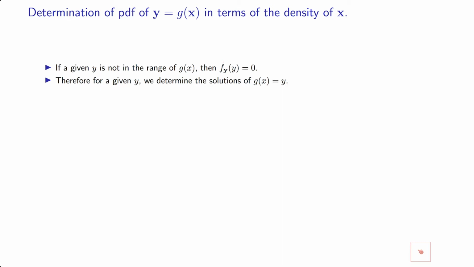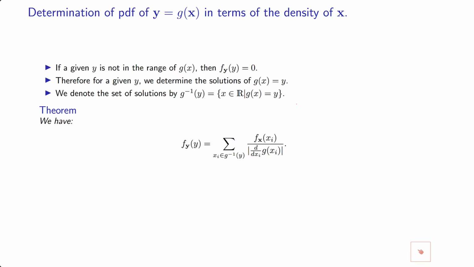Therefore, for a given y, we shall determine the set of all solutions. Specifically, if you have a unique solution, our job is easy. If you have no solution, our job is easy. If you have multiple solutions, it's easy, but we have to add some terms.